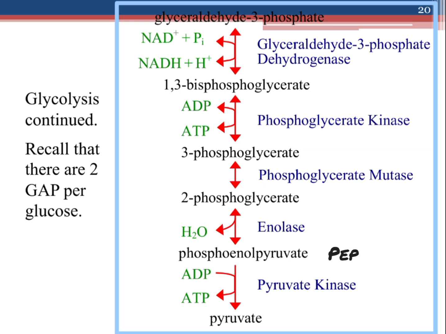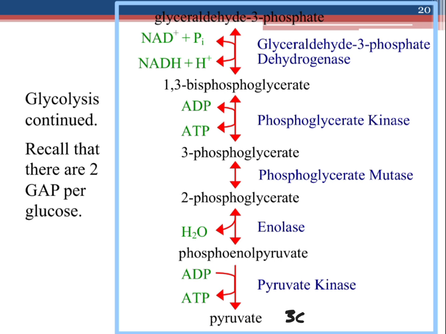This is usually a 3-carbon molecule, and then this phosphoenolpyruvate loses its phosphate to ADP to form ATP, and in due course we shall end up forming pyruvate. That is in the presence of an enzyme known as pyruvate kinase.